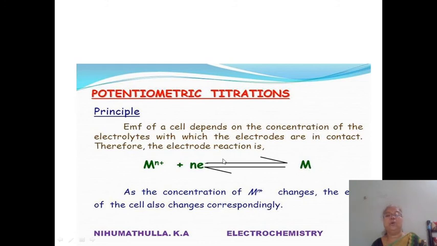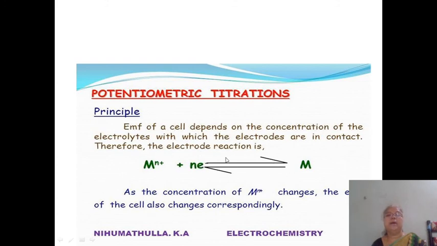The opposite of this is that M produces M^n+ ions and releases electrons. This is the oxidation reaction. The oxidation reaction and reduction reaction occur simultaneously, and due to this de-electronation or electronation occurs.